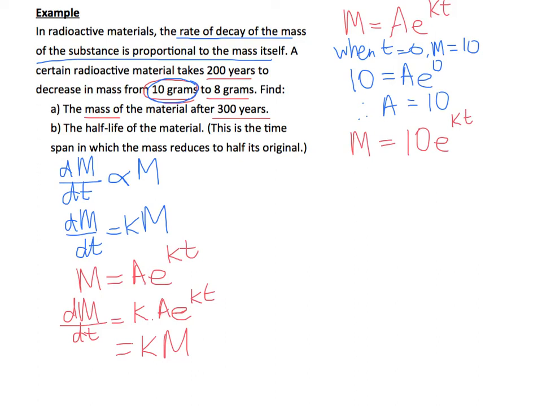Now we need to find the mass of the material when t equals 300. Before we can get that, we need k. So how do we find k? Well, we're going to use this bit of information here, that when t equals 200, the mass is 8 grams. So substituting that in, the mass is 8 when t equals 200. So this becomes 200 times k.